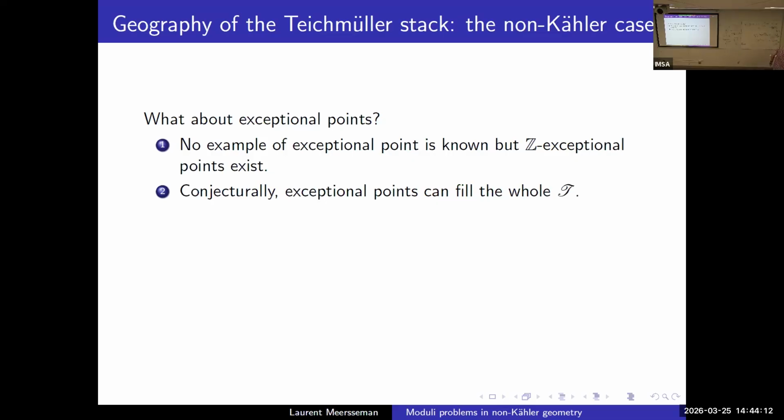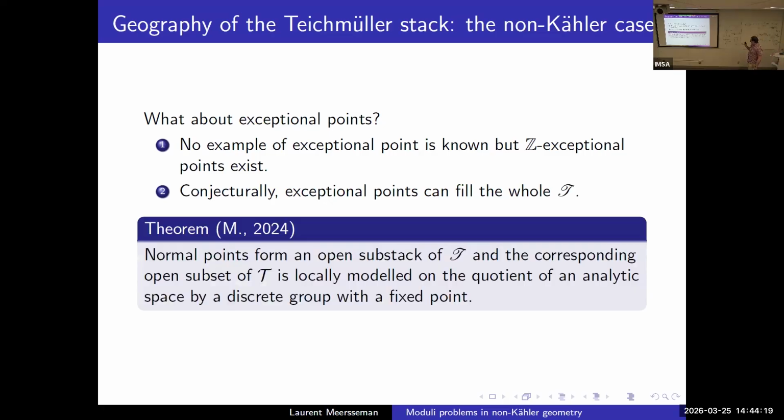Well, let me give some results. I cannot say a lot about exceptional points, but for normal points, you have more or less the same result. Normal points form an open substack. This time it's not very open.